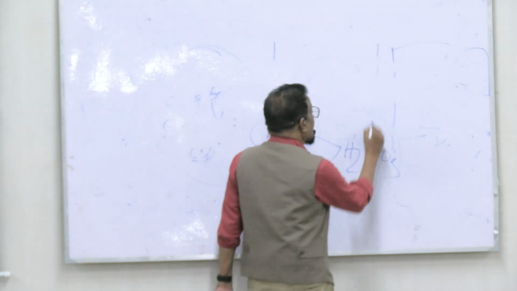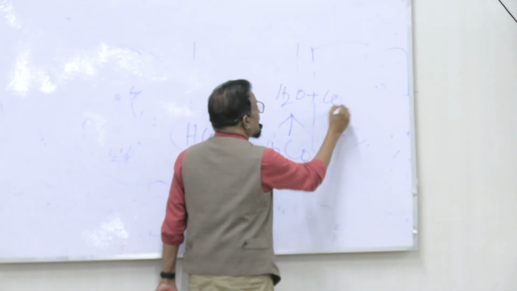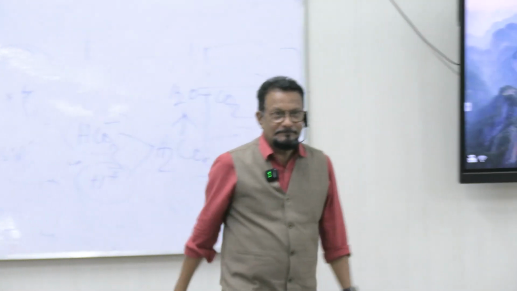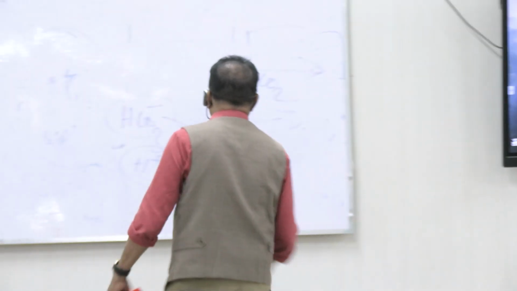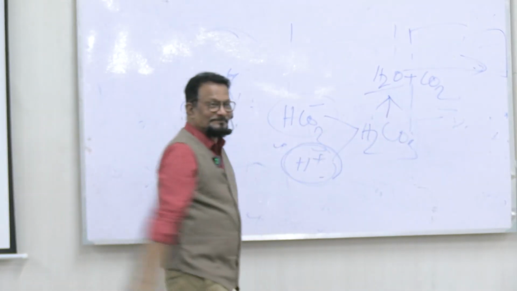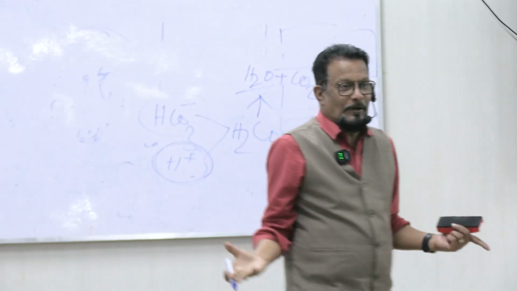Now this H2CO3 will be broken into H2O plus carbon dioxide, and this carbon dioxide will be eliminated through the lungs, through ventilation. So see, it is converted into water. Now there is no acid, no hydrogen ion; it is converted into water only.